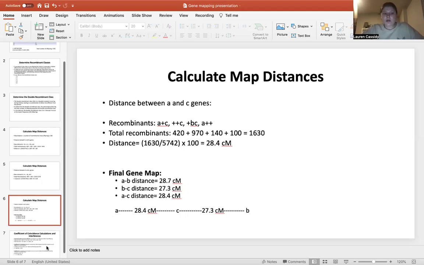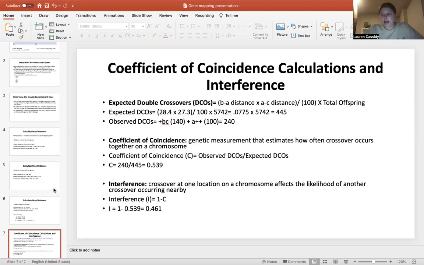We could also use the information provided in our data set to calculate the coefficient of coincidence and interference. So first we would have to calculate the expected double crossover, which is the distance from B to A times A to C, divided by 100 times the total number of offspring.